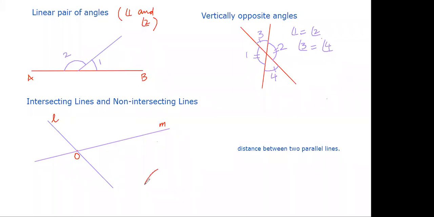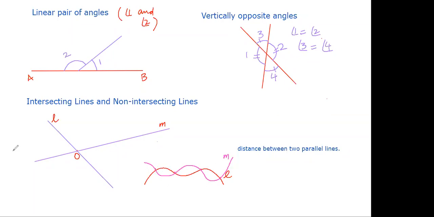Let's say this is one curve L and this is the second curve M. You see, they are intersecting at 1, 2, 3, 4 points. These are two curves.